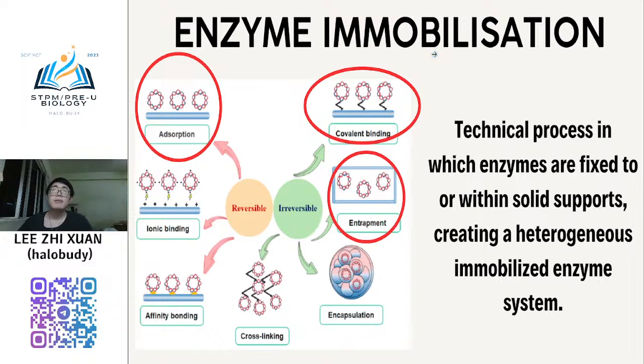Meaning that in one reaction, your enzyme is located at that part only, in one place. It doesn't run away. If it is not fixed to a solid support in a certain location, your enzyme is free in the solution and can move anywhere. And after the enzyme has formed the product, we know that enzyme can be reused.